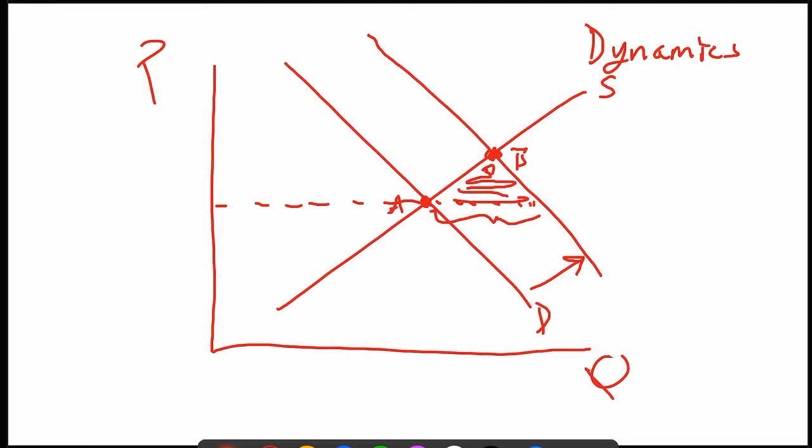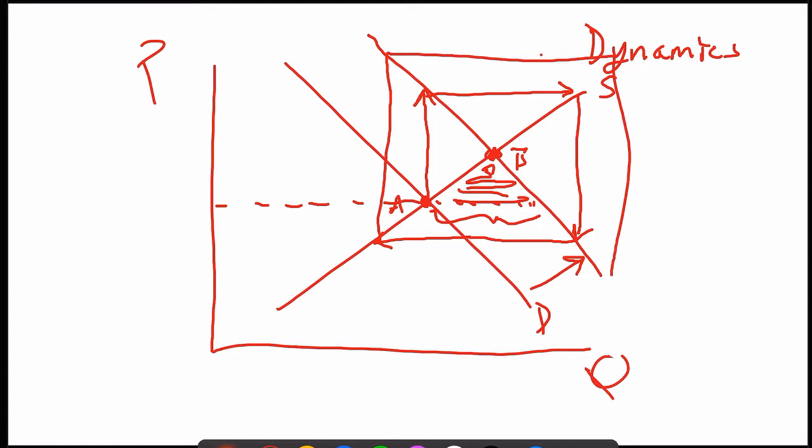Maybe we start here at A, and maybe they just jack the price straight up this way, and then they put the price over here, and then it goes over here, and then, wait a second, we're going the wrong way.